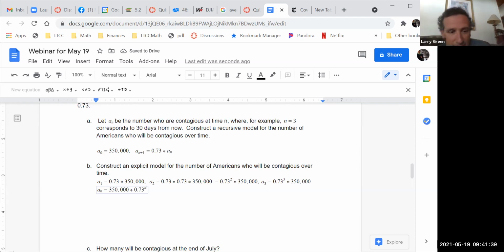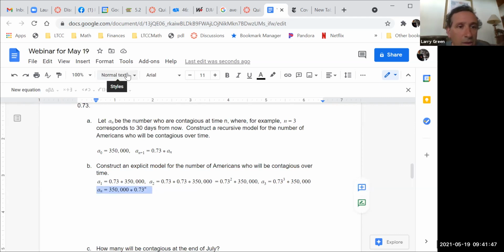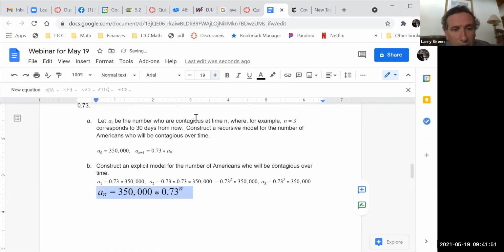And I'm going to make that bigger because it's really important. Put it in red. Okay. And I don't want to say you need to memorize this for our course, but I think it's important. This gives you an idea of what we're going to look like over time.